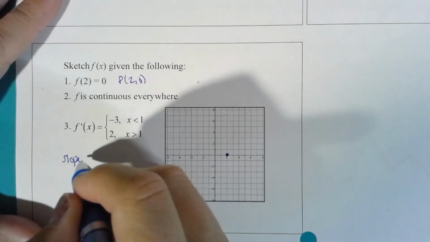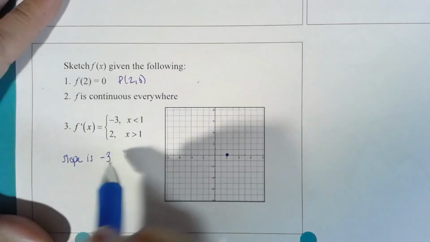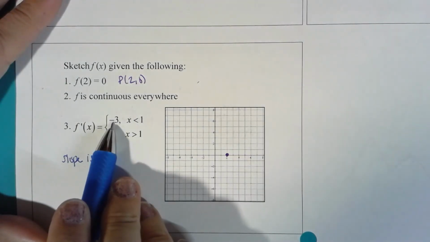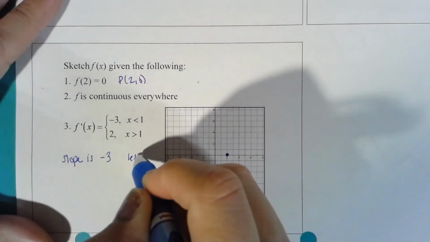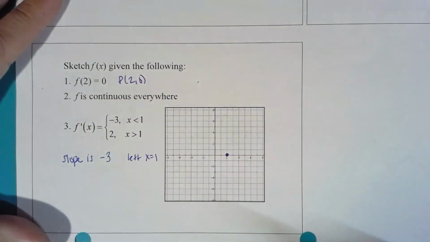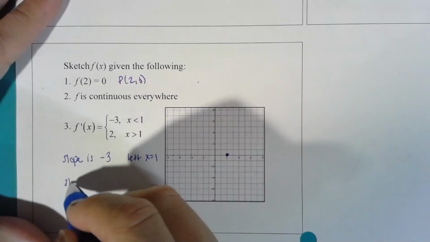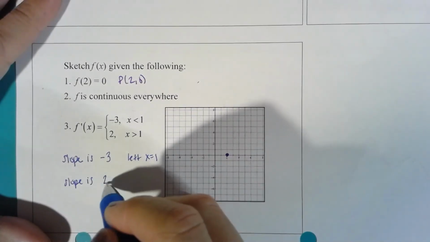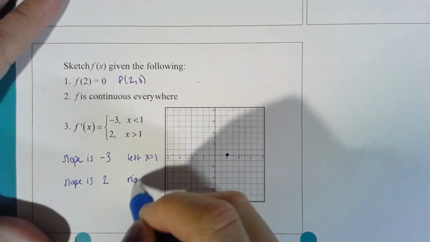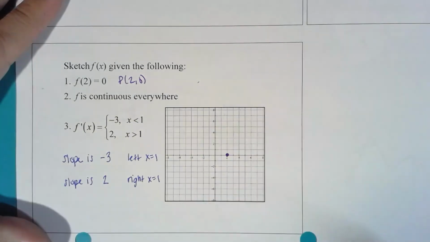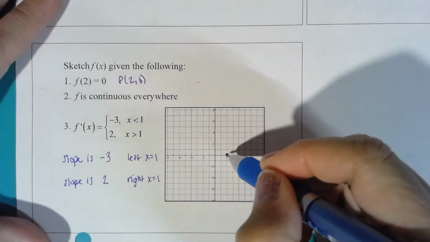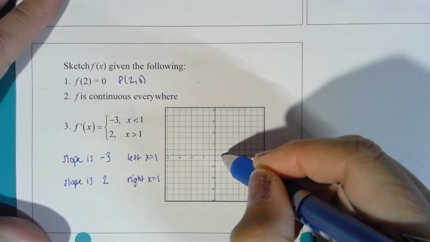So they're telling us the slope is -3 on the left side of x equals 1. Then they're telling us the slope is 2 on the right side of x equals 1. So this is our point at 2. Here's x equals 1.